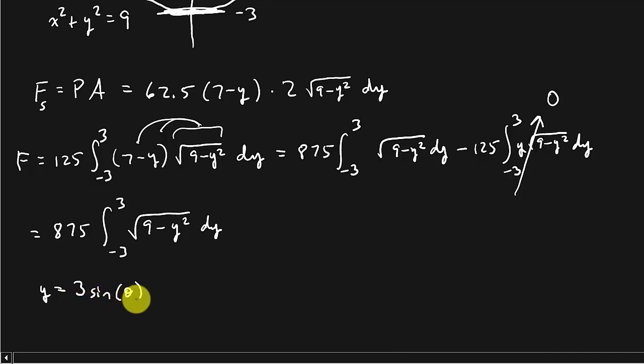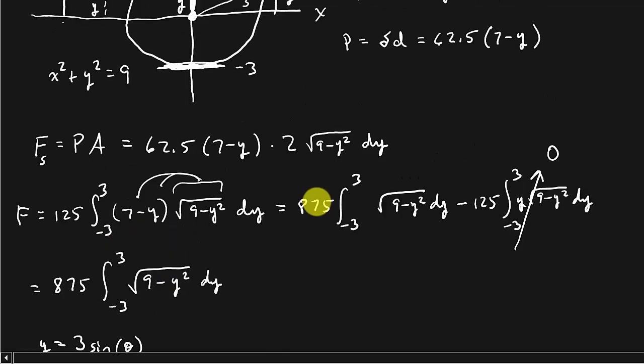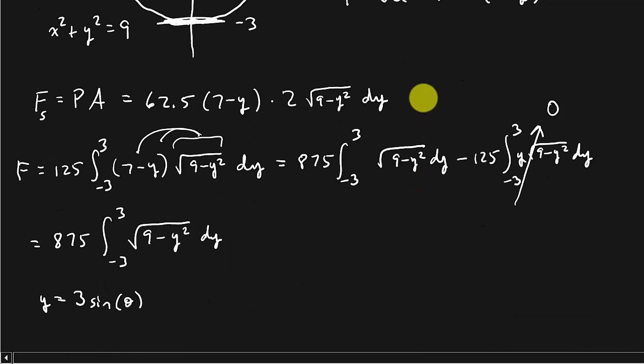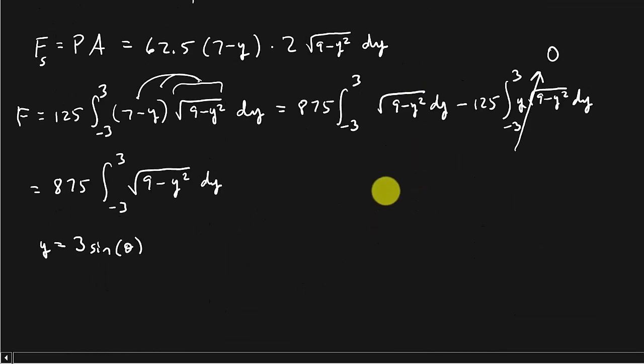Remember that when you did the trigonometric substitution? But we notice that this is the area of a semicircular disk with radius 3. See, this is a semicircle, right? This 9 minus y squared, that's just the top half of the circle. You see that? All right.